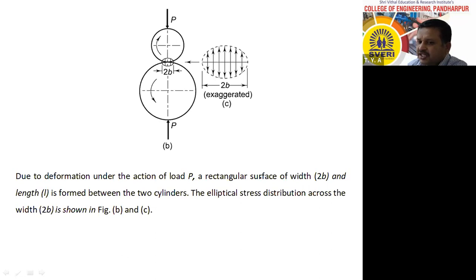A rectangular surface of width 2b and length L is formed between the two cylinders. The elliptical stress distribution across the width 2b is shown in figure B and C. This is the elliptical stress distribution. Its width is 2b and length is L.